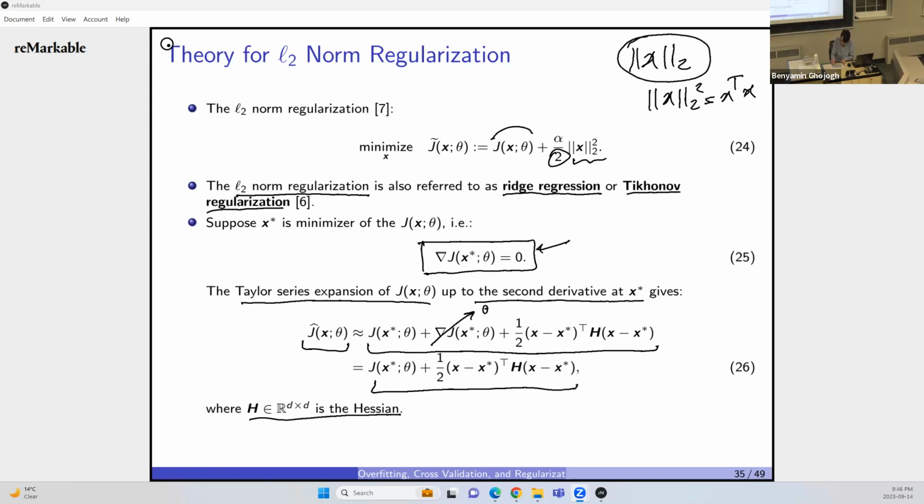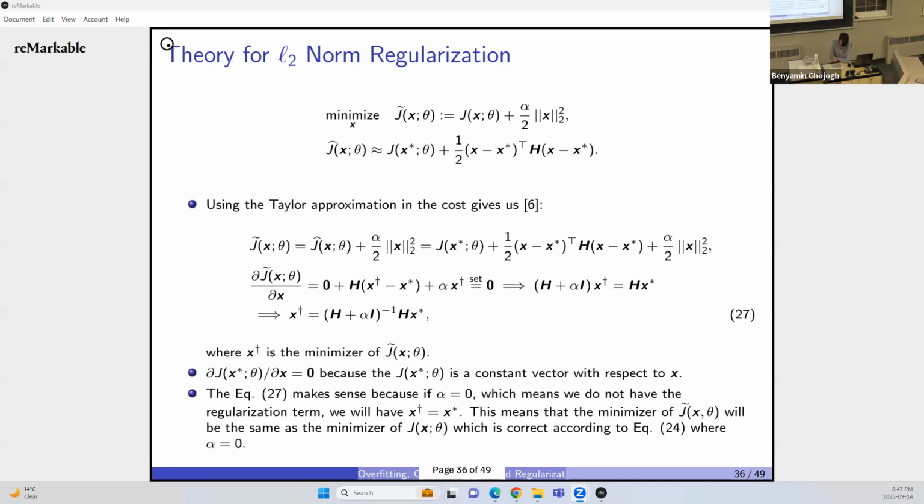So it simplifies to this. So I had these, I'm repeating them. Now put this Taylor series expansion in place of J. Then I will have this plus the regularization term.